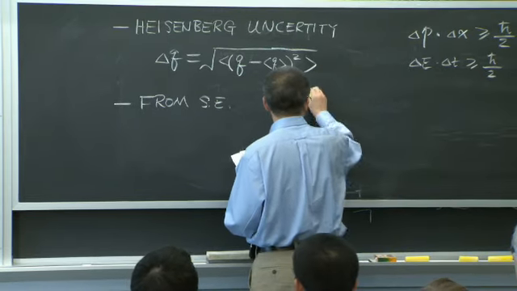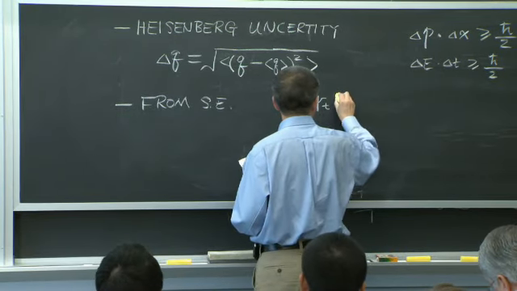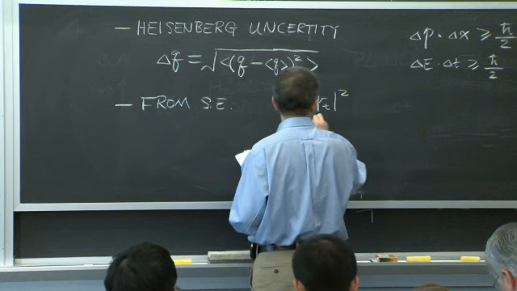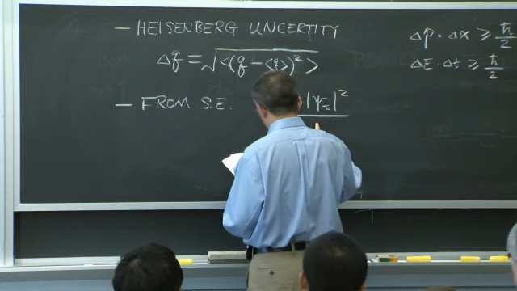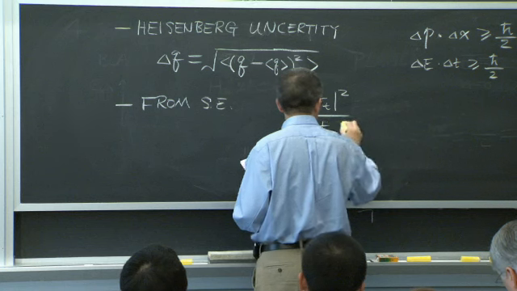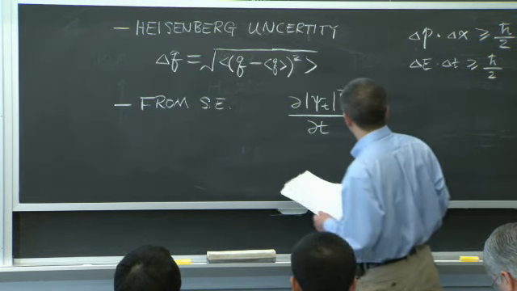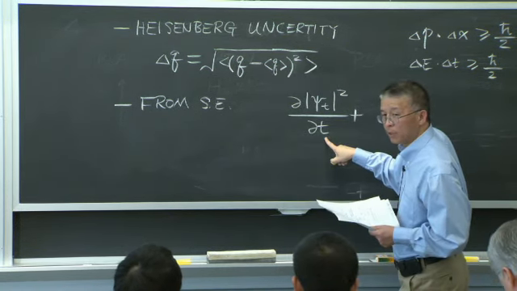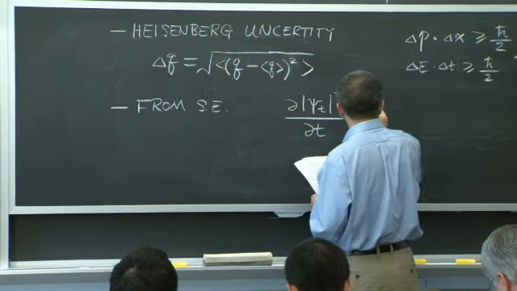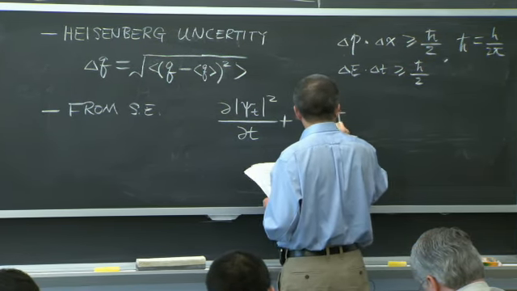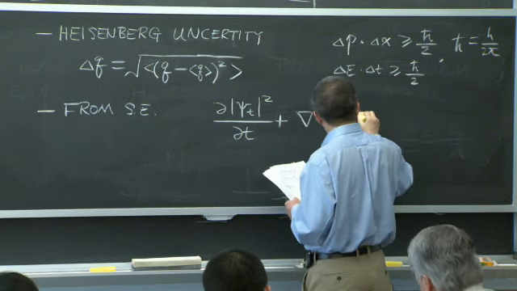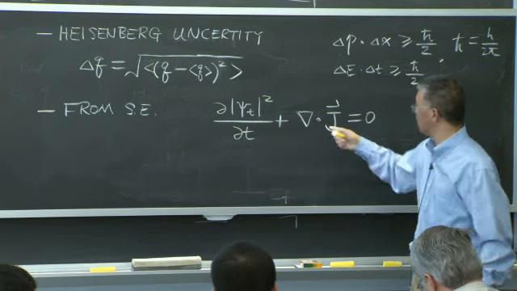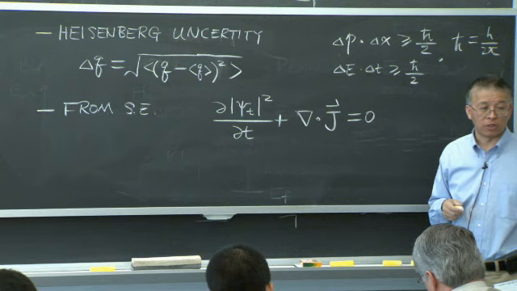So what you have, in that case, is the square, so that's the probability density, right? Time derivative of that probability density plus the divergence of the flux equals 0.